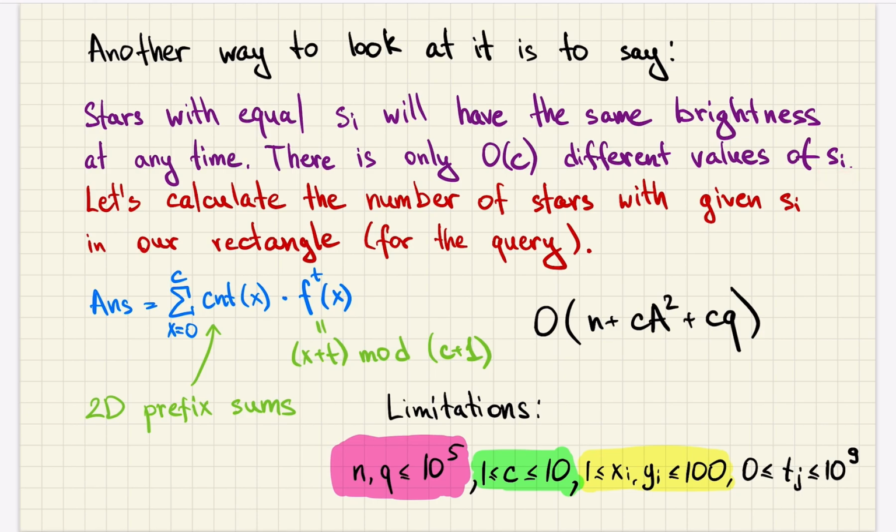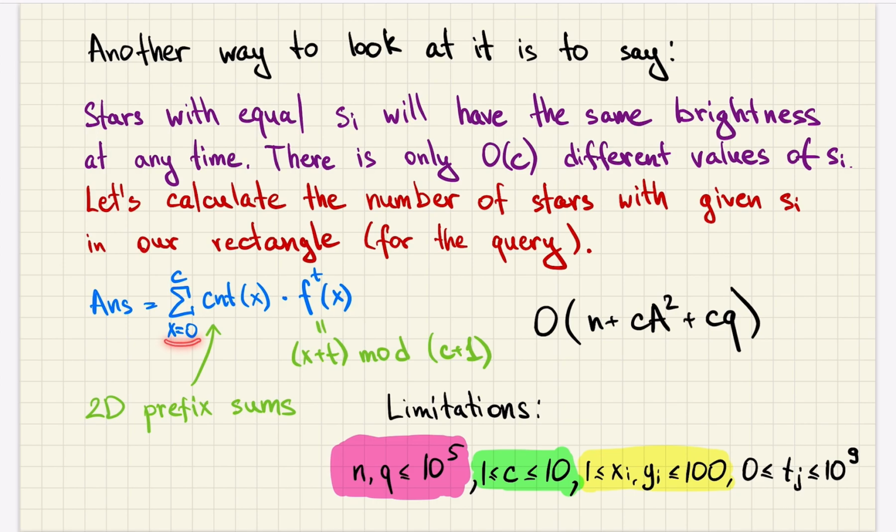So let's look at all the stars with given Ci. And for a query, let's calculate the number of such stars in the query rectangle. Then we would be able to calculate the answer like that.